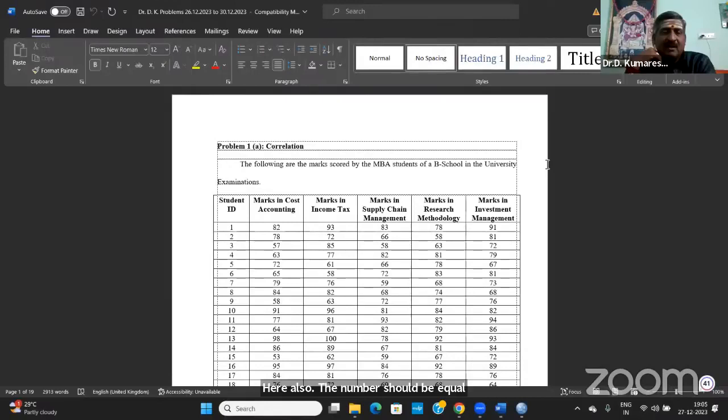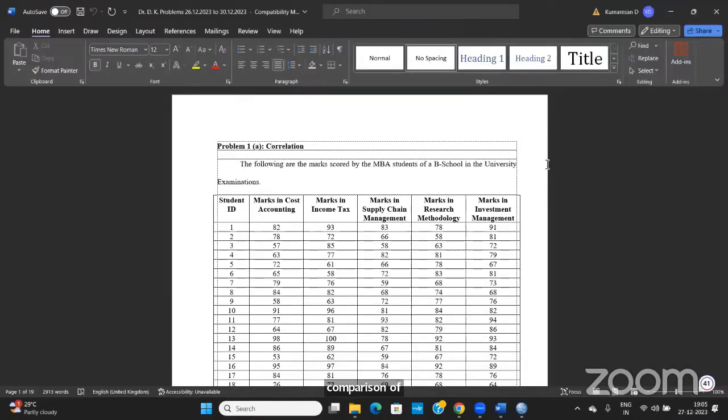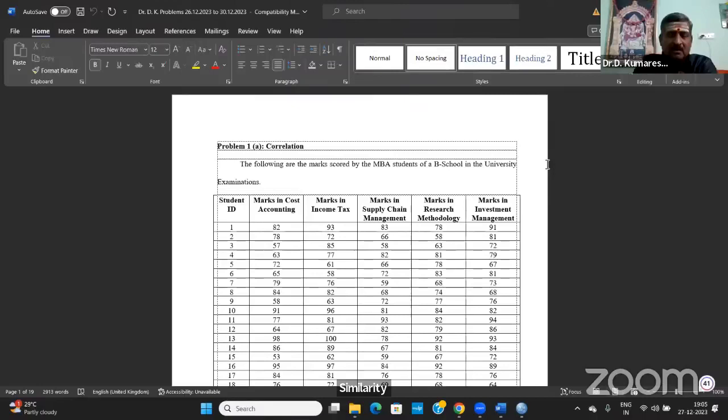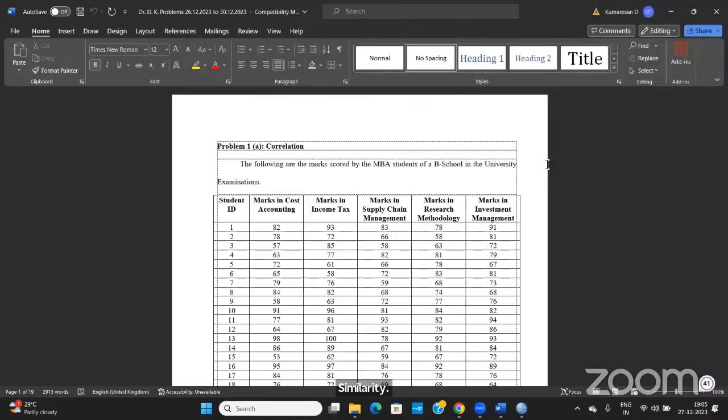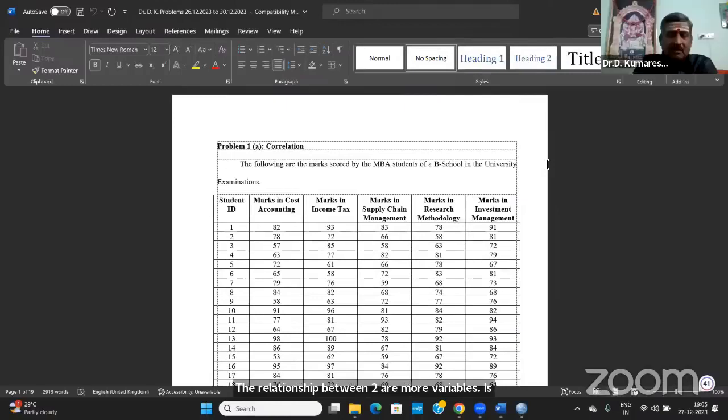So, comparison of correlation and regression. Similarity number one: in both cases, the relationship between two or more variables is measured.